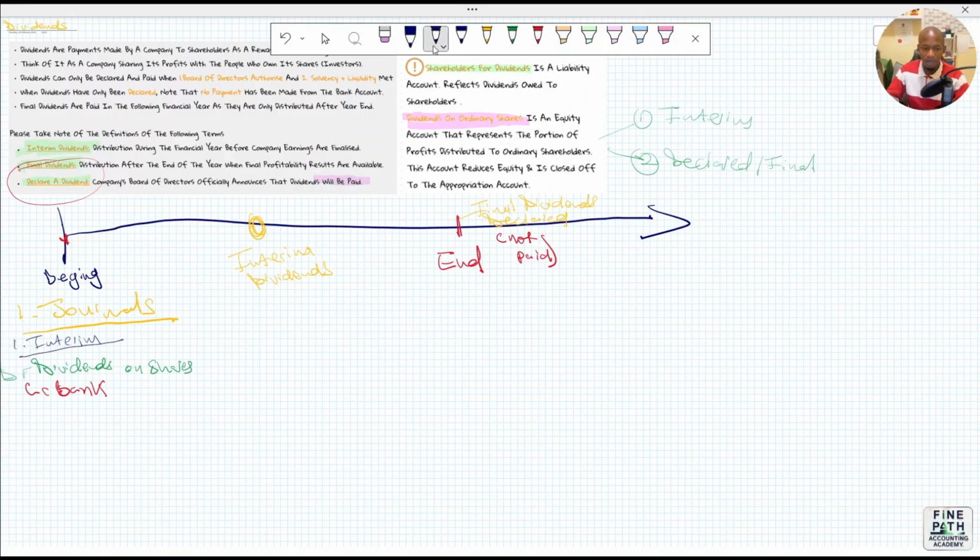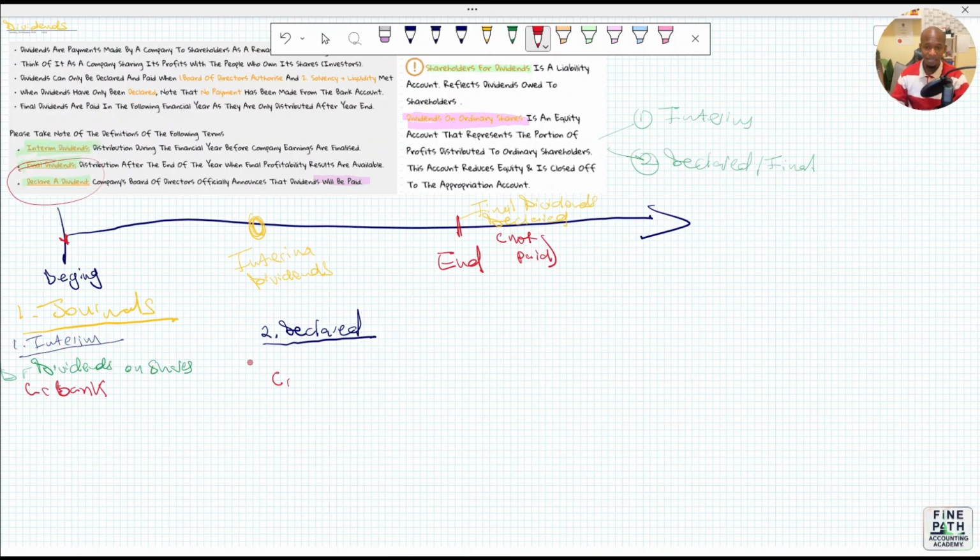And then the second one would be our dividends which are declared. When dividends have been declared, it means that an announcement has been made by the company to their shareholders stating that we will pay you so much in dividends, right? There, again, we have to remember no payment has been made. We always have to look at what has happened and for what purpose.